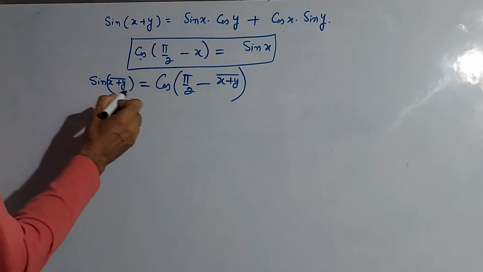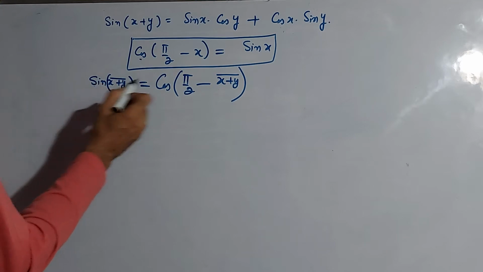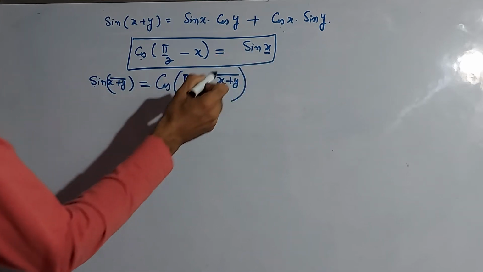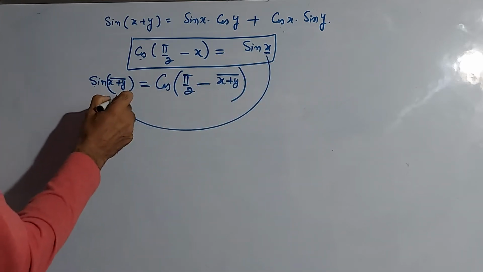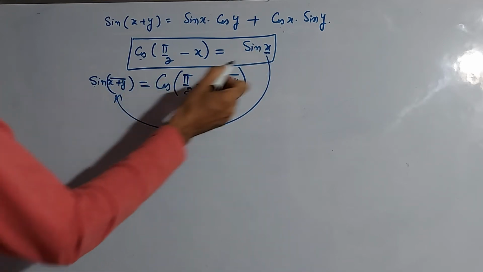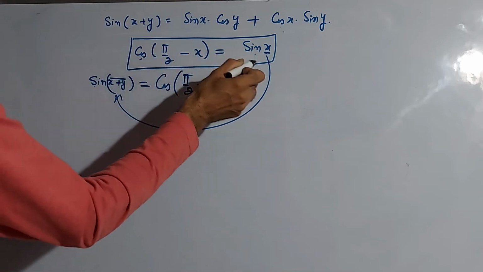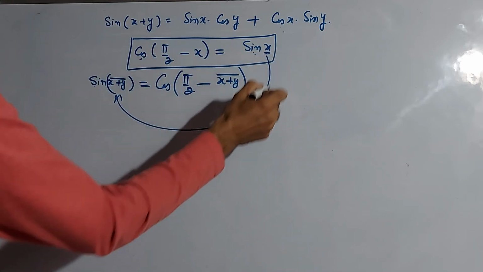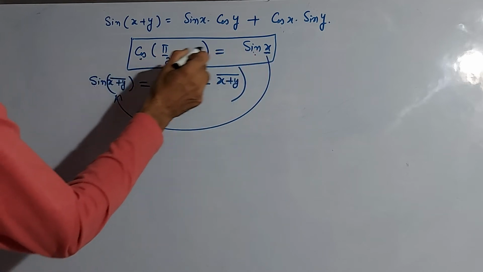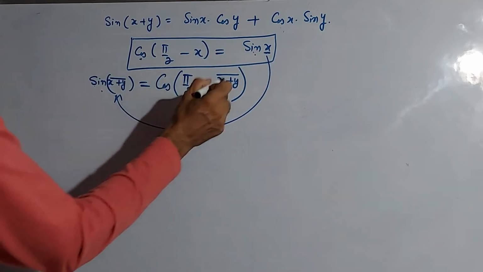If we compare this with this formula, we write sine of this. Sine x is cos of pi by 2 minus x. Therefore, sine of x plus y is cos of pi by 2 minus (x plus y).